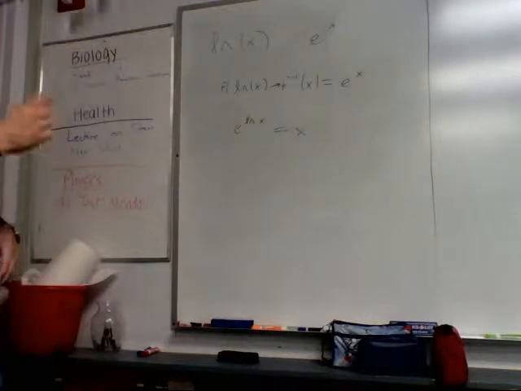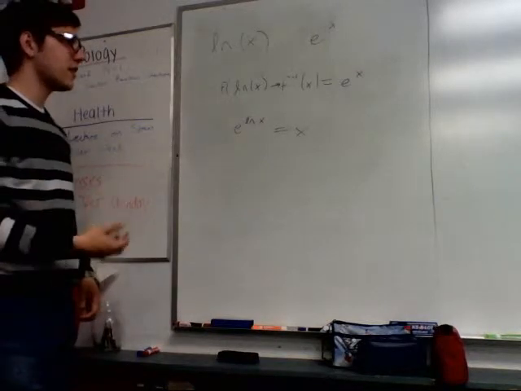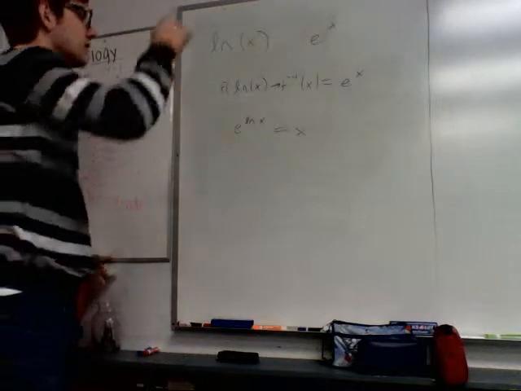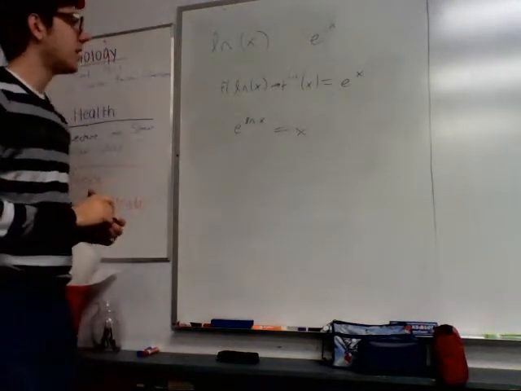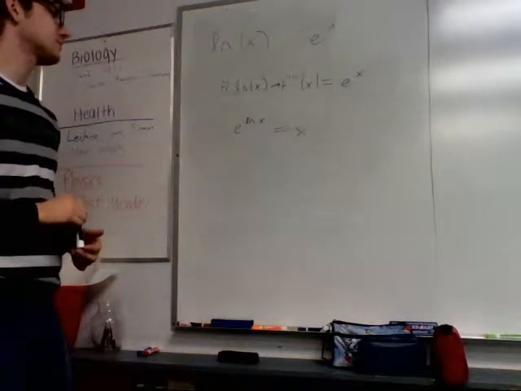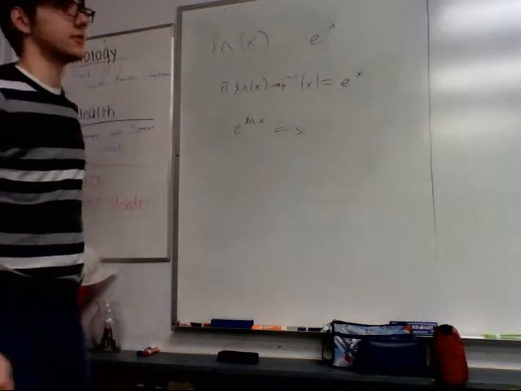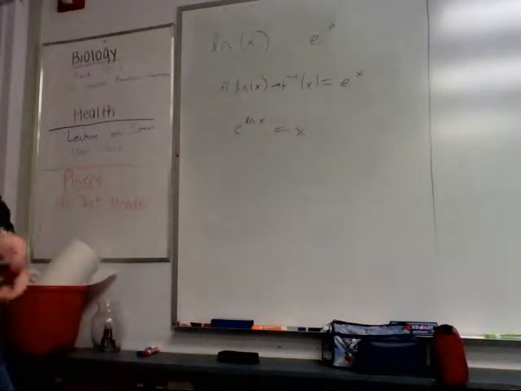So this is probably the most important association that you'll make in this class as far as continuing in calculus. E to the natural log of x will be x. They like using that trick a lot in calculus too, so keep that in mind, okay? So that's the first thing we're going to talk about.